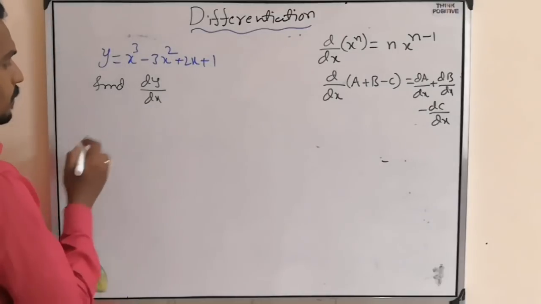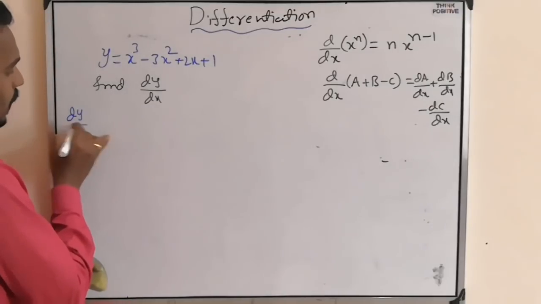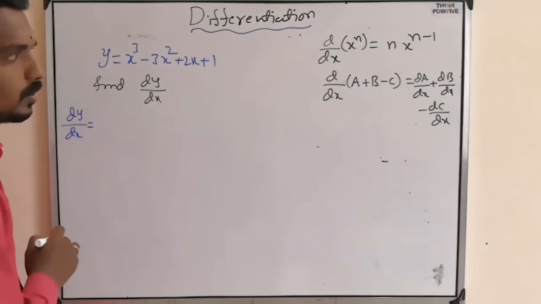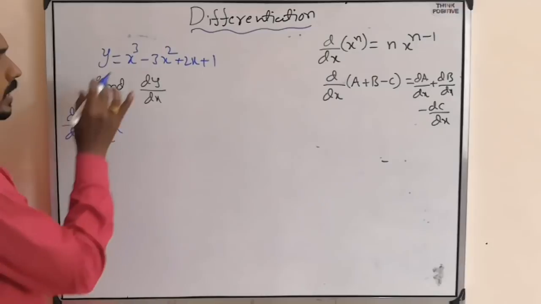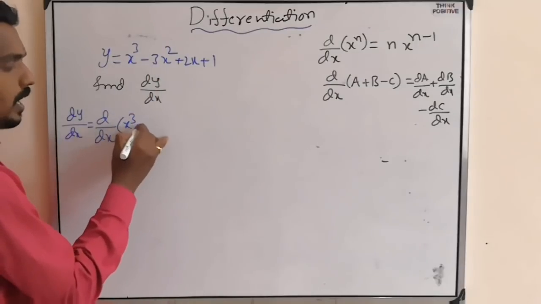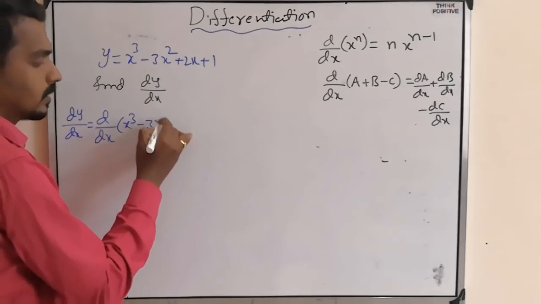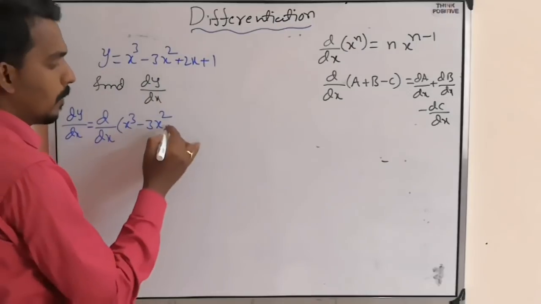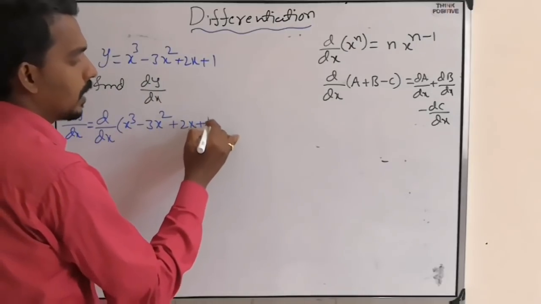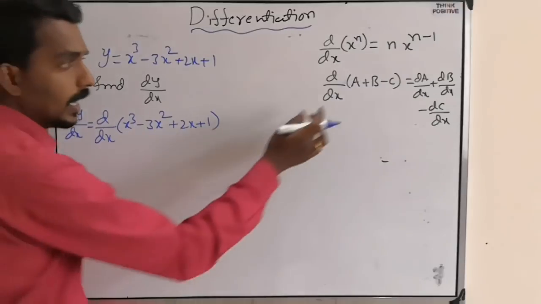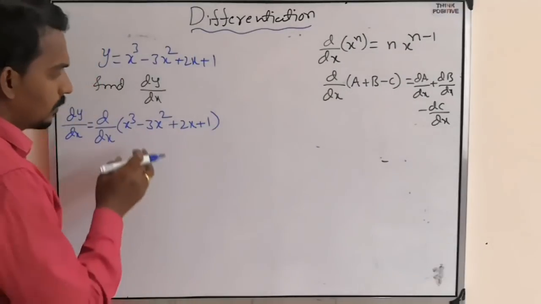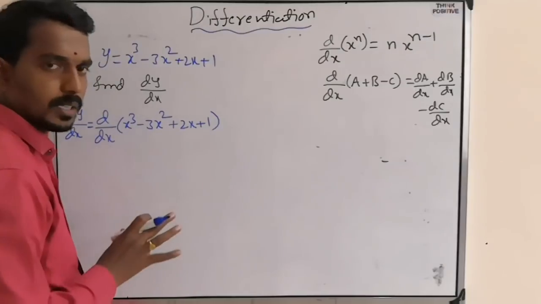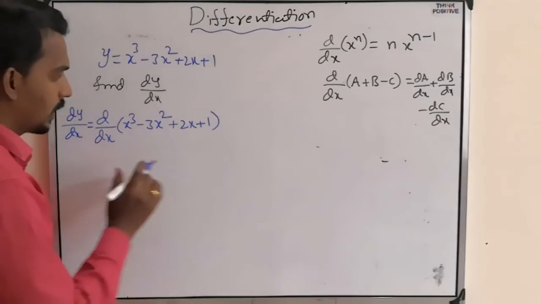So the first step is dy by dx equal to d by dx of what is y? Given function x cube minus 3x square plus 2x plus 1. According to this formula, here 3 terms are there, but here 1, 2, 3, 4 terms are there. So write 4 separately.